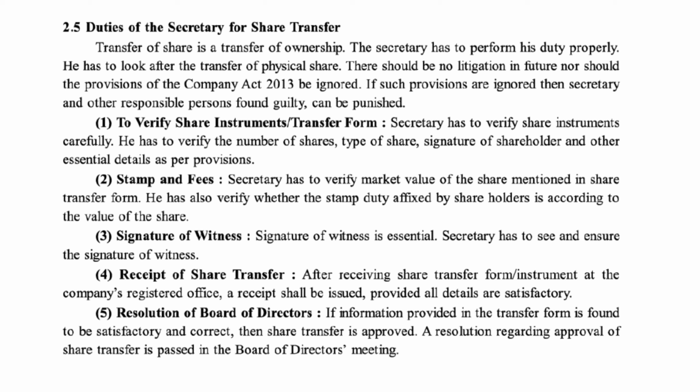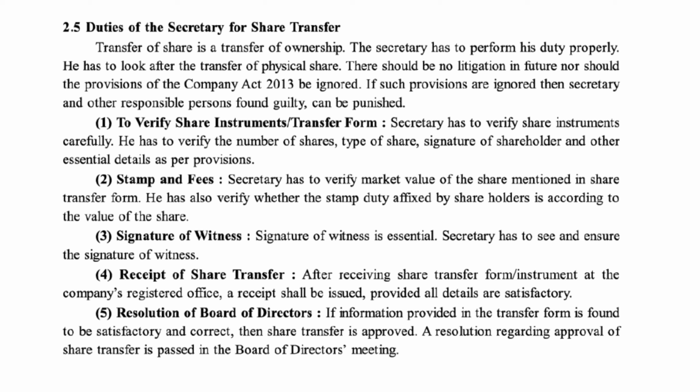When the company receives the share transfer form, the company has to give a receipt. So it is the responsibility of the company secretary to give that receipt for transfer. Then he has to call for the board of directors meeting.